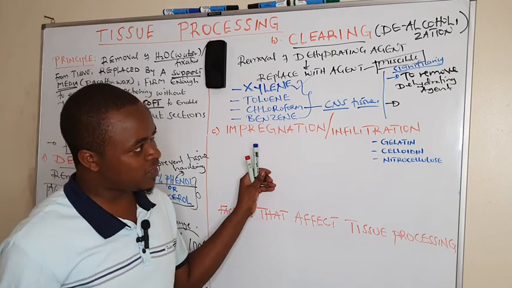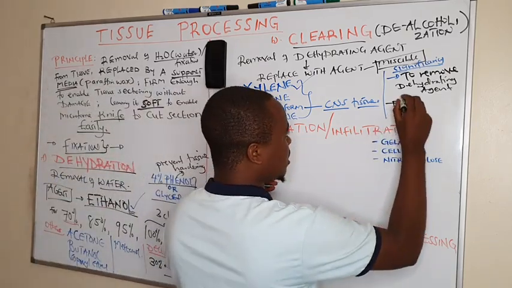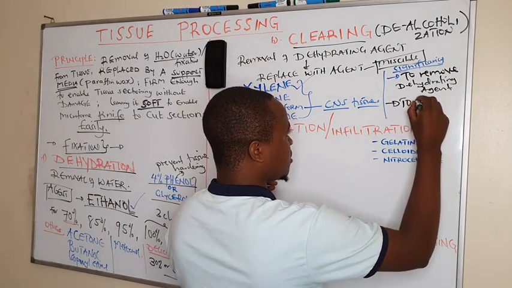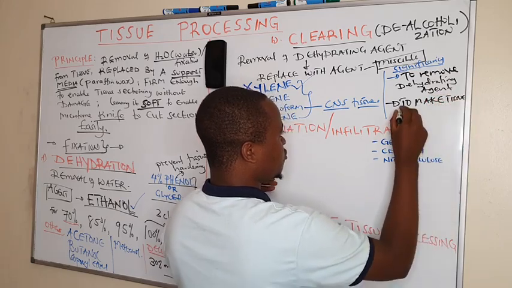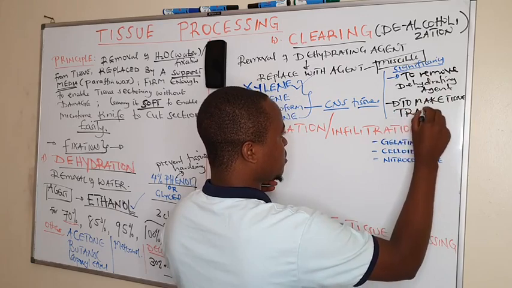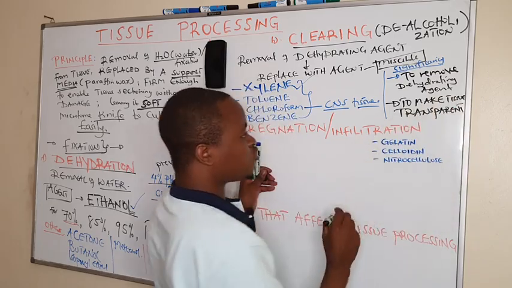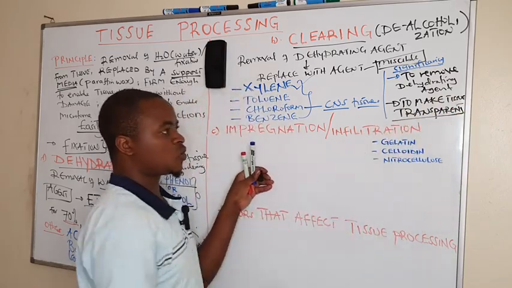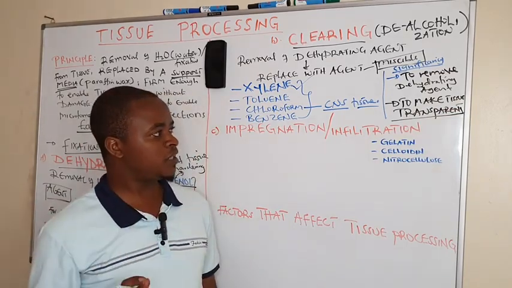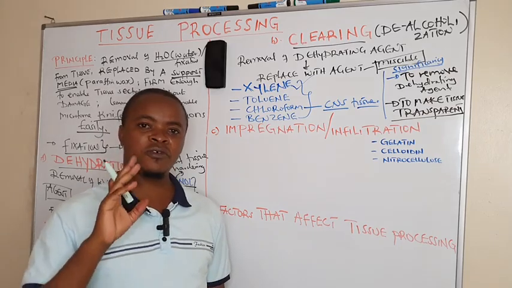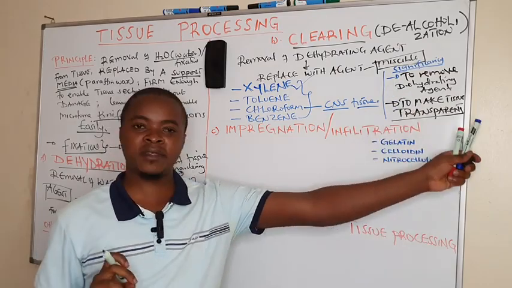And after removing the dehydrating agent, at the same time, we are making the tissue transparent or translucent. Why are we making it transparent? To enable easy microscopy without any hindrance. So those are the two significances of clearing, that is removing the dehydrating agent.